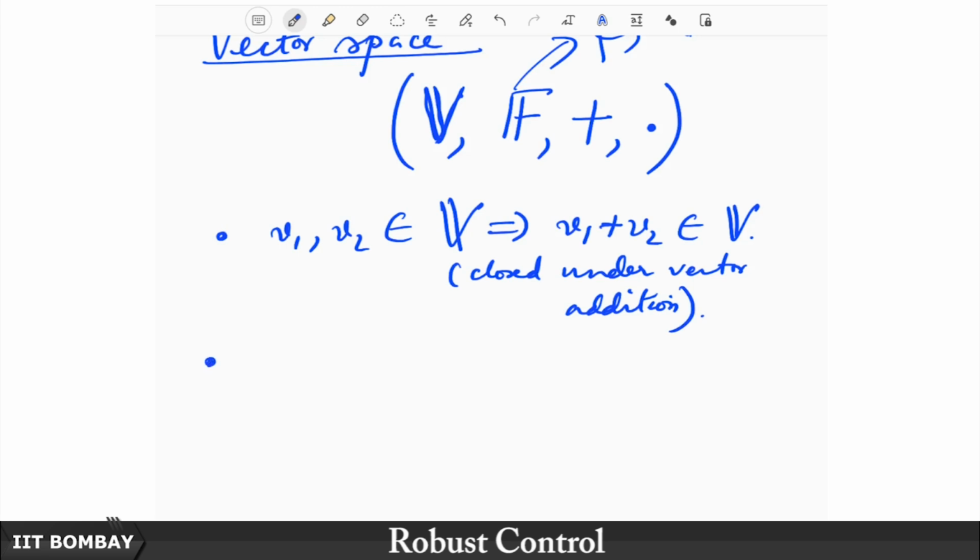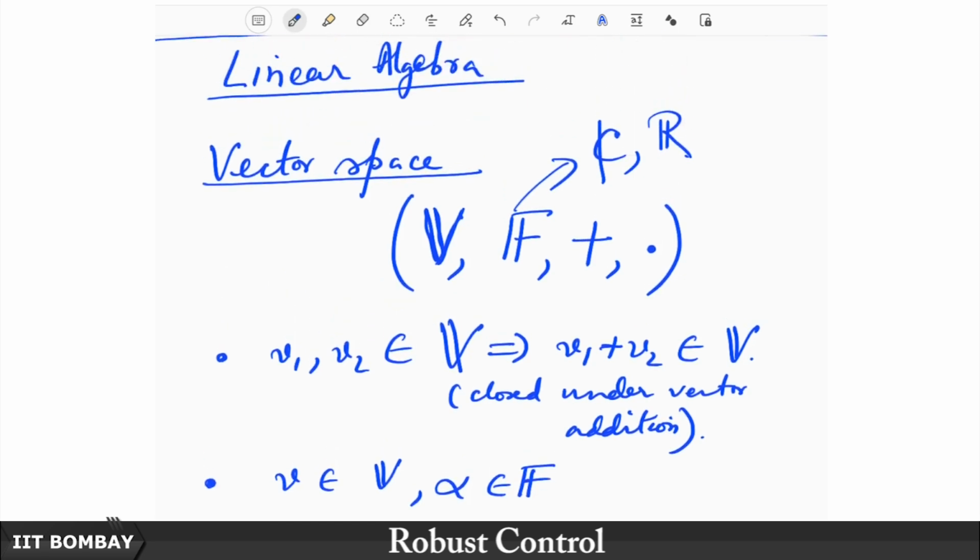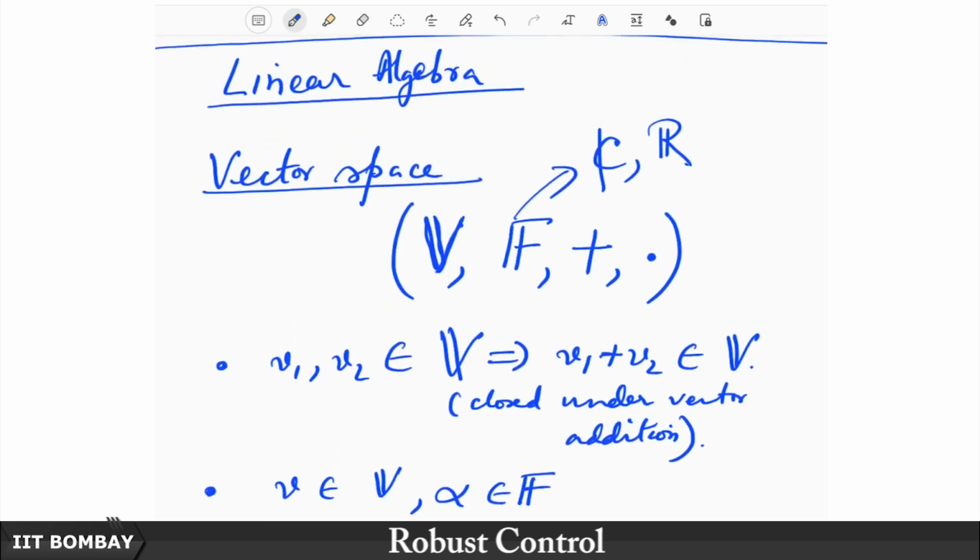The second property: suppose you have v belonging to the vector space V and alpha belonging to the field, which as I said in our case will be either the complex field or the real field.